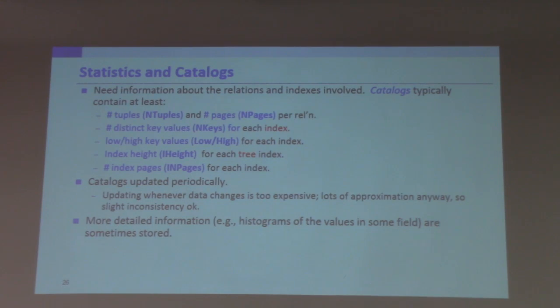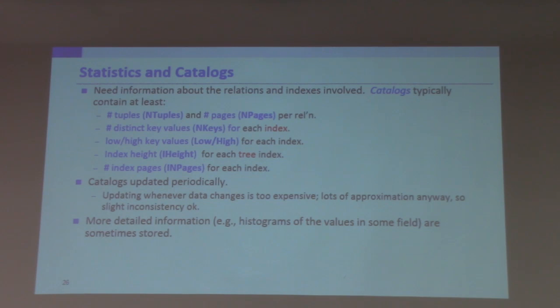A number of distinct key values for each index. The low and high key value for each index. By the way, the key value here means the search key value for your index. We basically want to know the range of search key values from a particular index. And we also want to know the height of the tree and a number of index pages for each index.